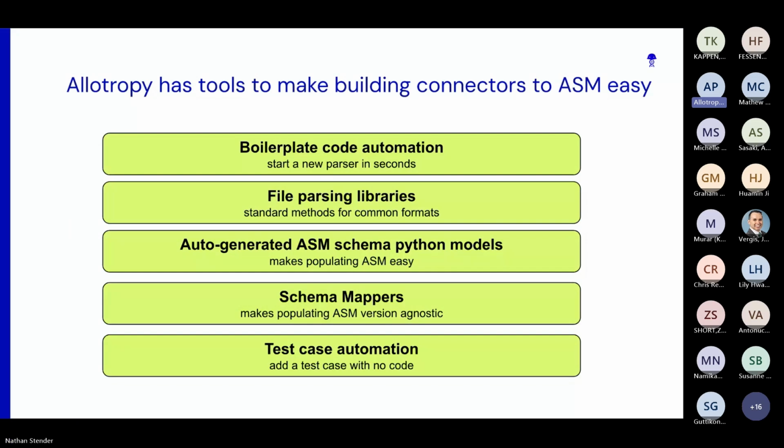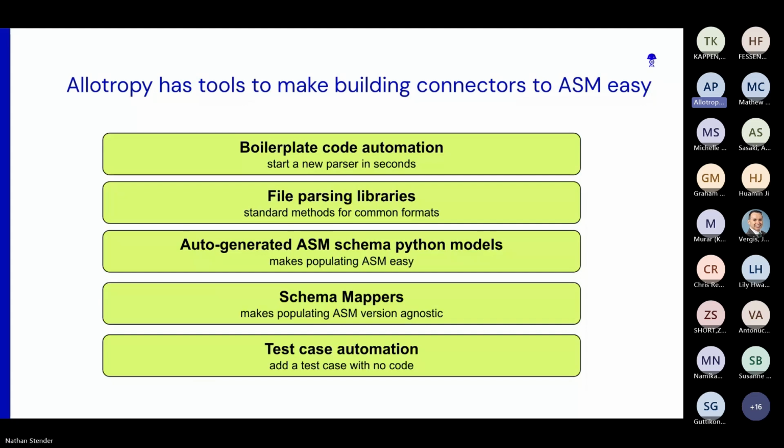So first off, we have boilerplate code automation. Basically, that structure that we ask you to format, we have a script that automatically makes a skeleton for you, so you don't need to worry about touching the code in a lot of different places. We have file parsing libraries that, like I mentioned, help read in common use cases.